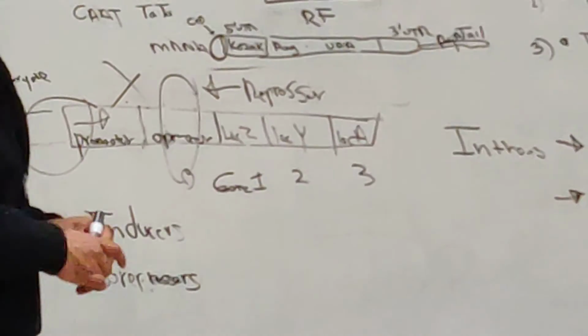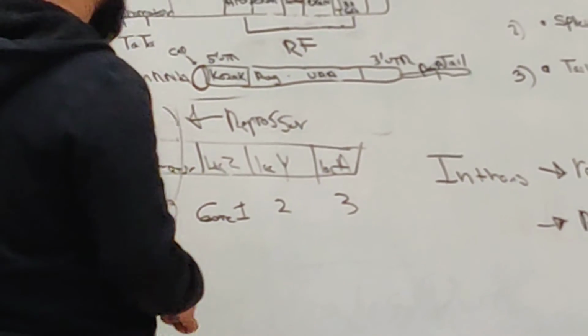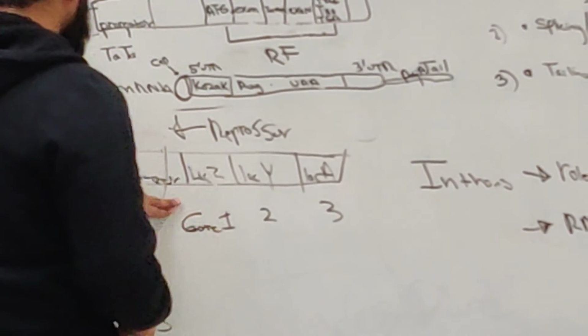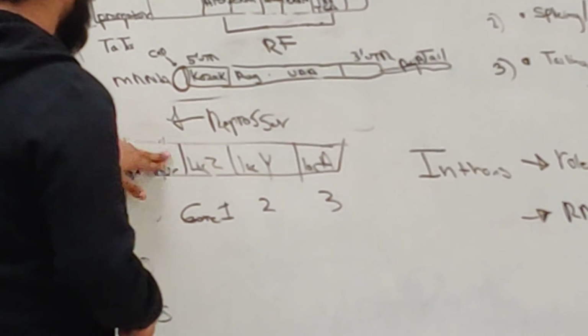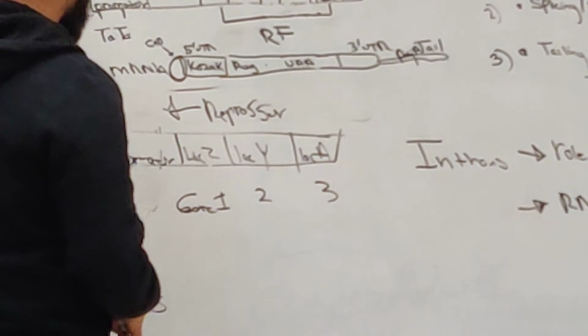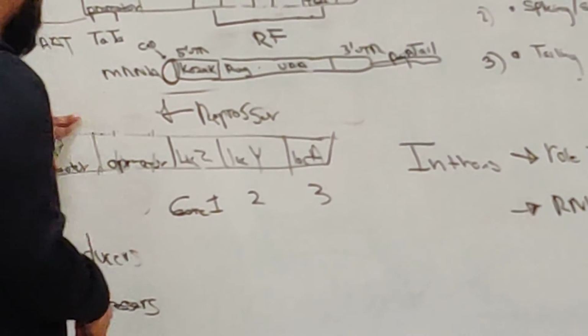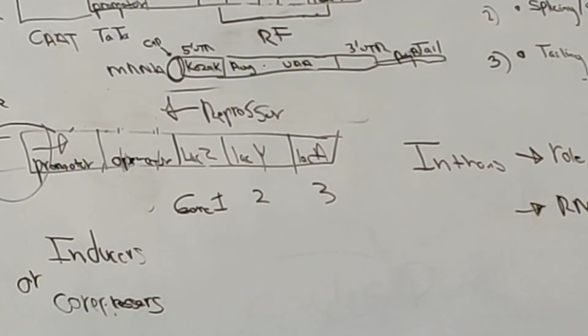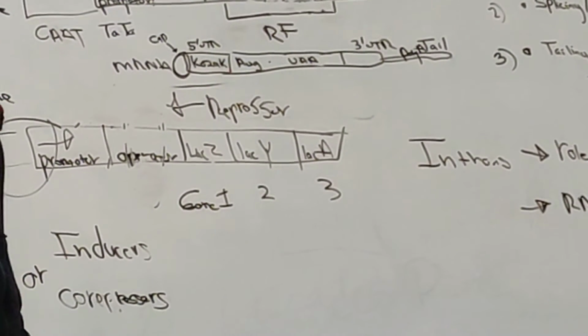Once it binds, it causes the repressor to become inactivated, and this allows RNA polymerase to go ahead and move forward. So it's the presence of lactose in the absence of glucose.